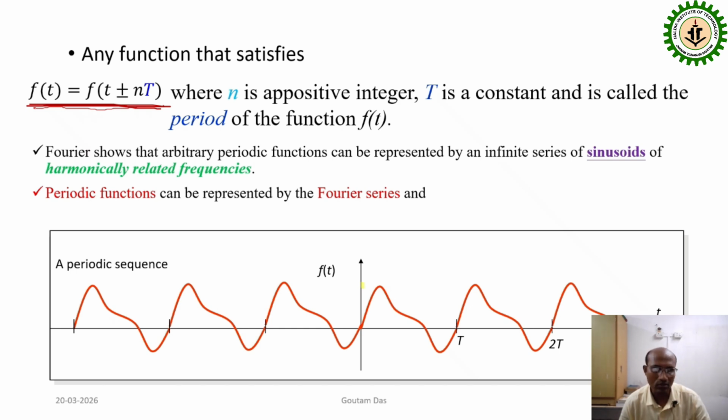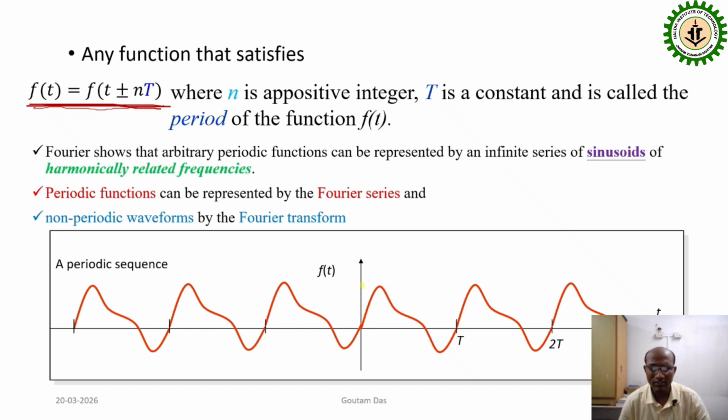But if the function is not periodic in nature, we assume the function has an infinite time period, and in that case we represent it in terms of the Fourier transform. If the function is non-periodic, we need the Fourier transform.